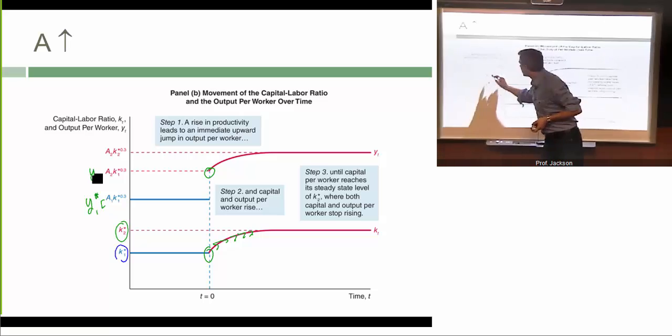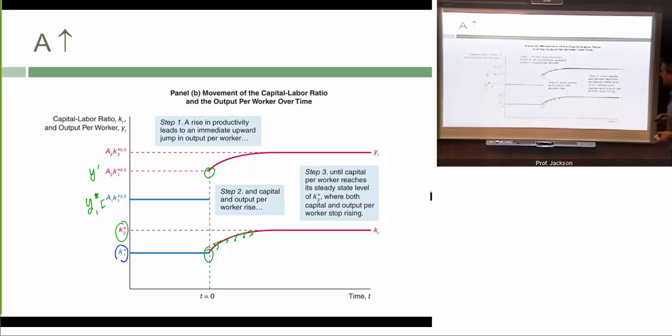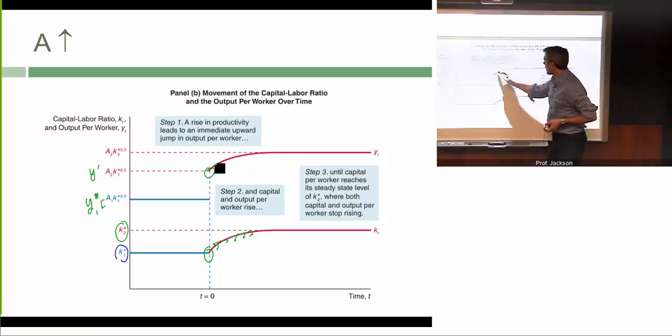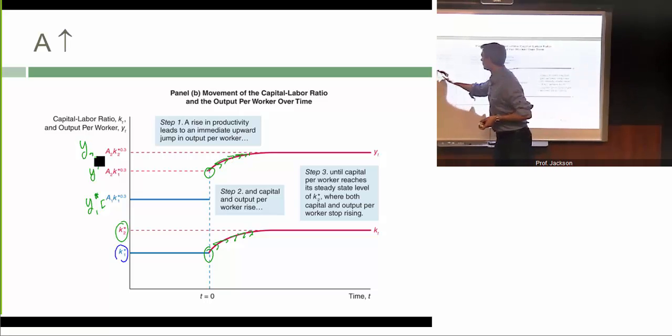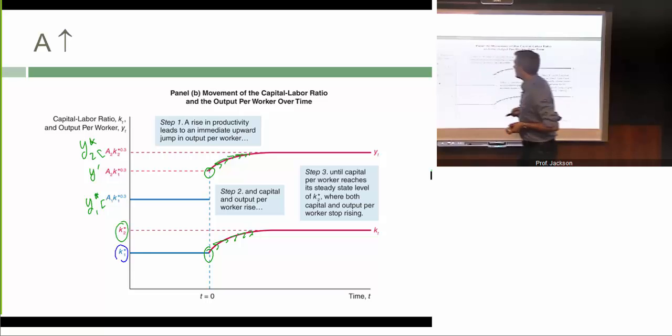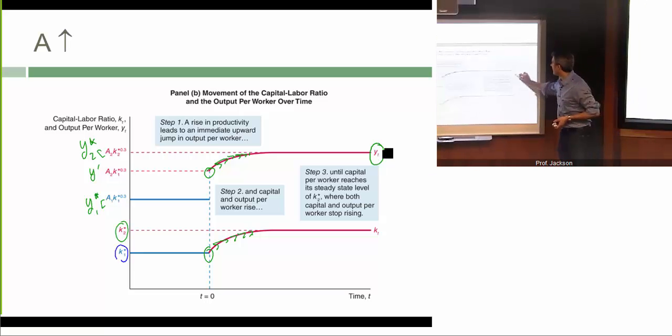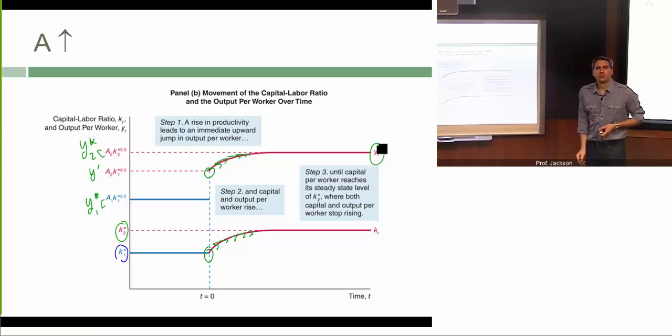That's what I referred to as Y prime, I think it was. But then over time, the capital stock grows, and you have an additional increase in output per worker, which eventually leads us to that new higher steady state level, Y2 star.